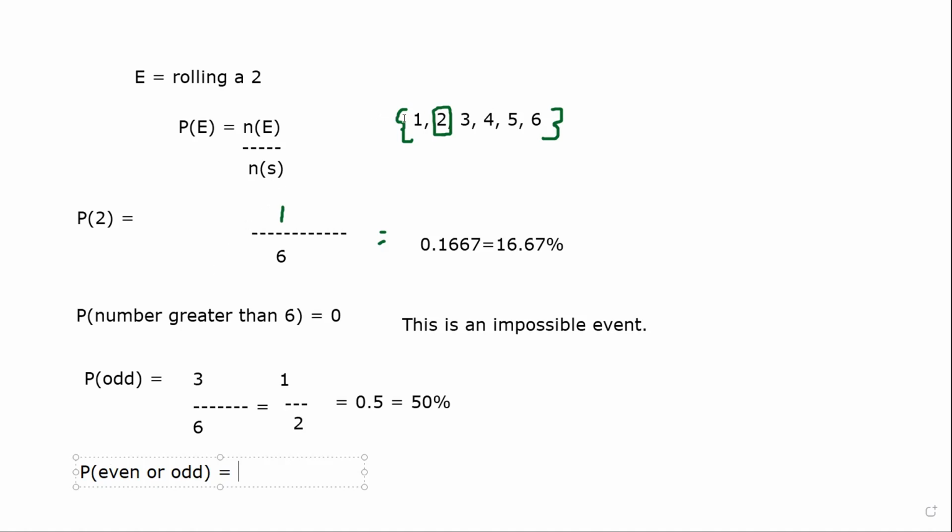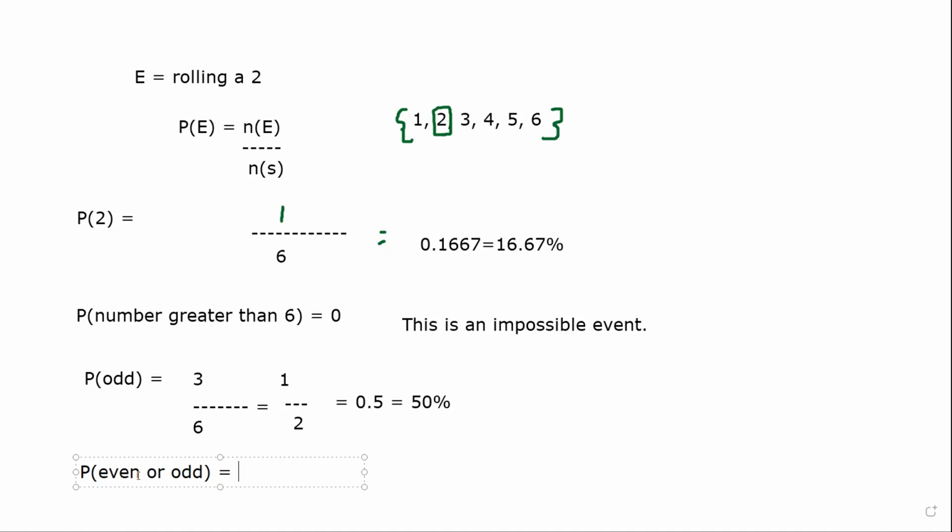So how about number 1? Is that even or odd? Odd, so it fits the odd group. Number 2 is even, so that fits the even group. Number 3 is another odd, so it goes with the odd group. So every number in here fits one of these 2 groups, doesn't it?